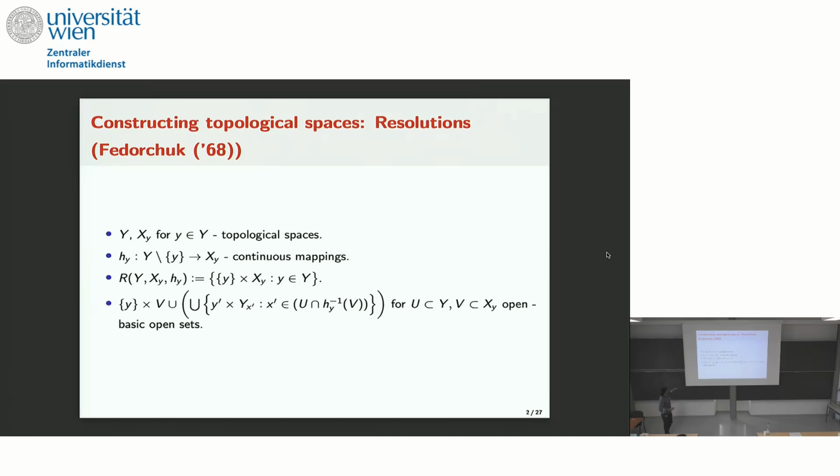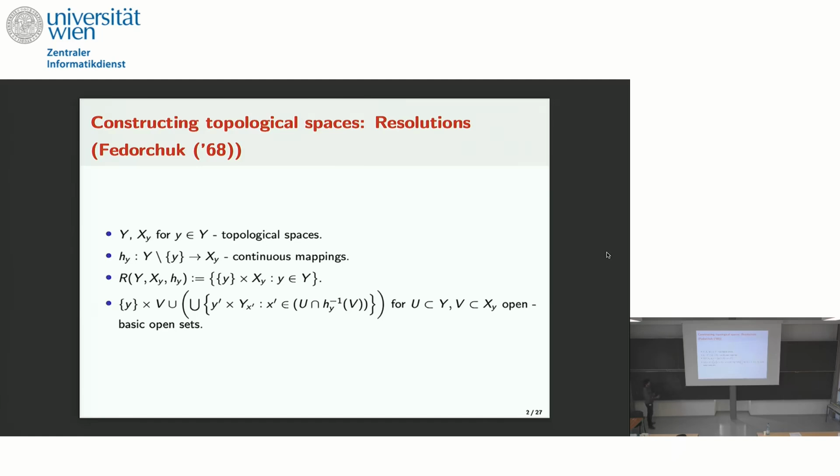So this is a construction for constructing topological spaces. Fedorchuk used it originally to give some counterexamples in dimension theory. Later, it was used for many other things. Basically, it is about starting with some topological space and finding a way to put in some closed subspace, replacing points by some other topological spaces.